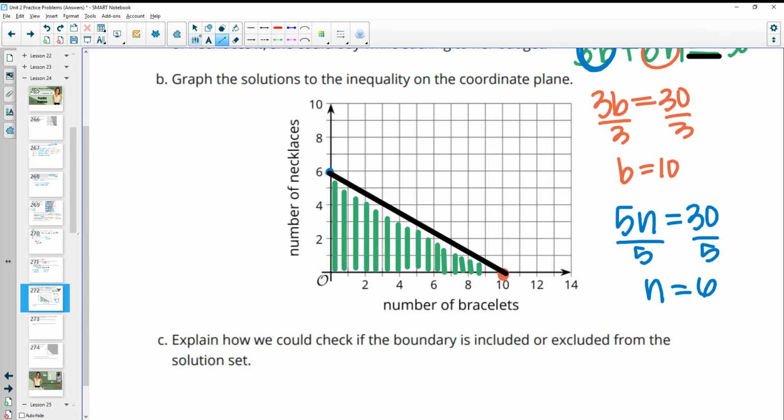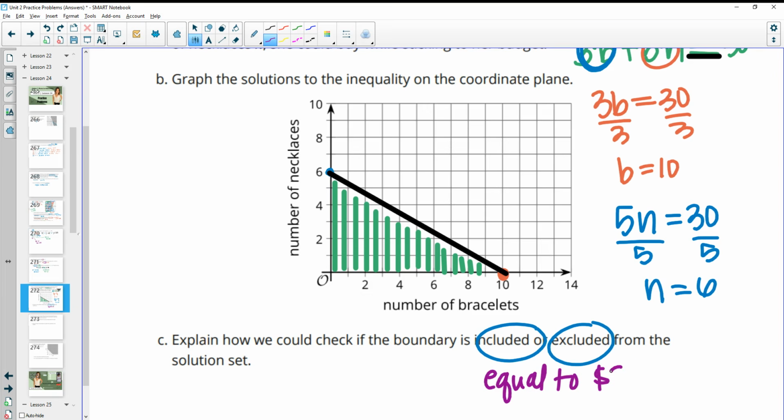And then it says, explain how we could check if the boundary is included or excluded. And I would just say by seeing that it's equal to 30, right? So this one says equal to $30 is okay, because $30 is her limit.